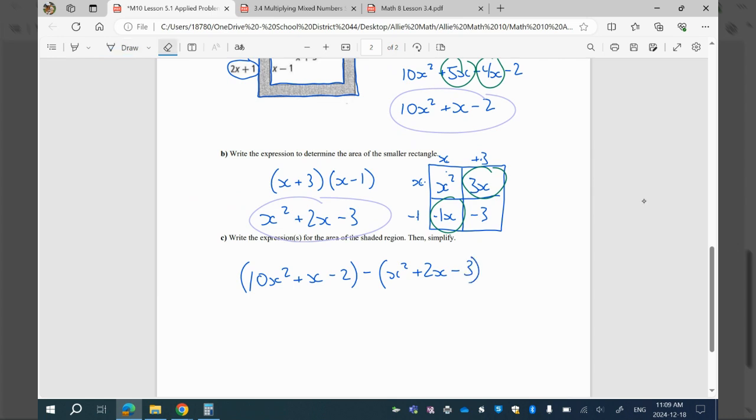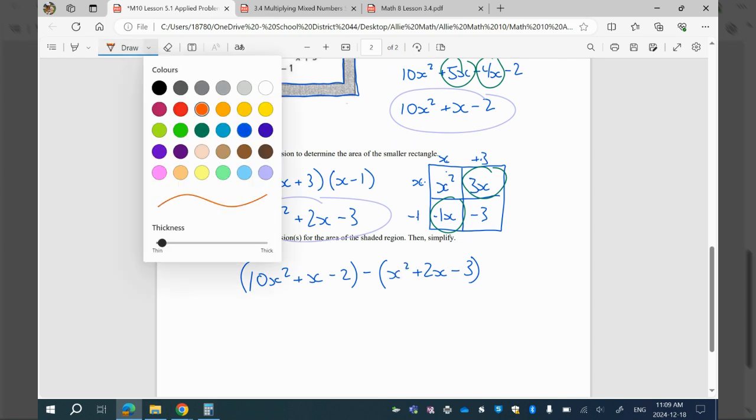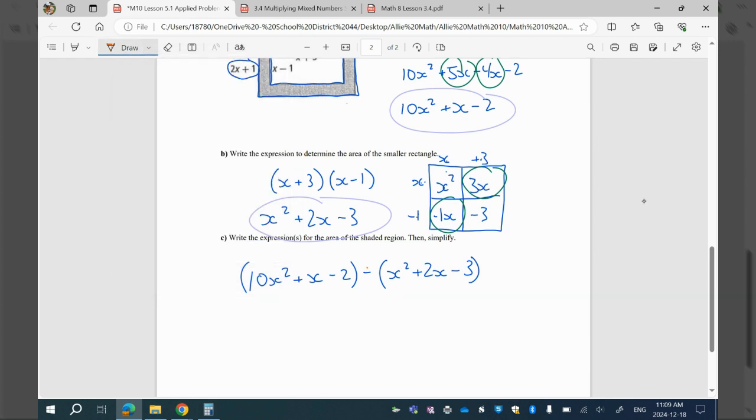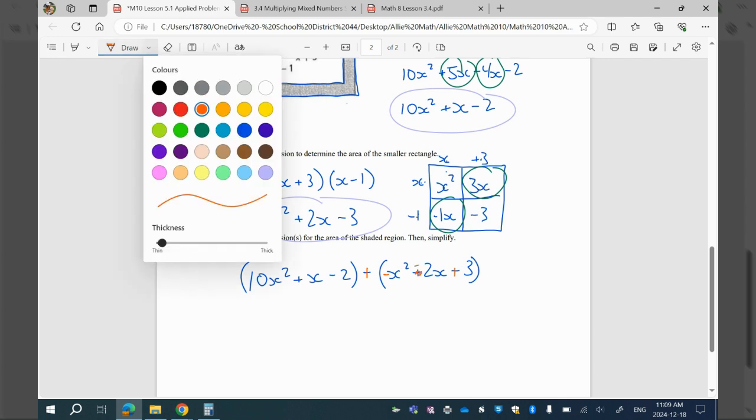And when we subtract an entire polynomial like this, what you can do is change this into a plus and switch the positive or negative sign on all of the terms in this one. So this becomes a negative x squared, this becomes a negative 2x, and this becomes a plus 3.